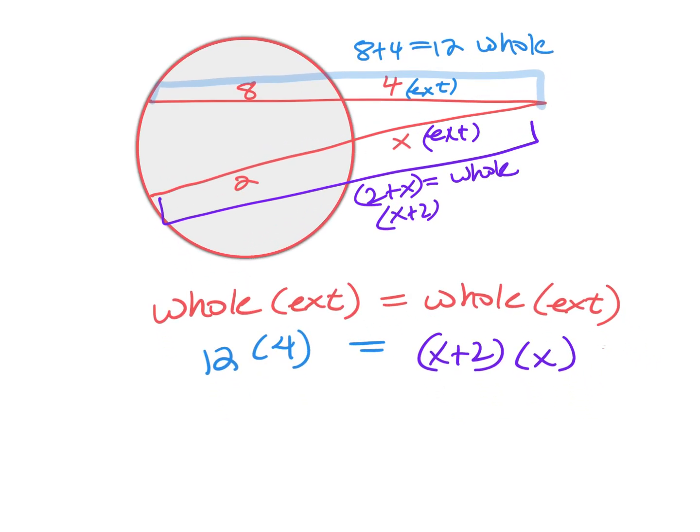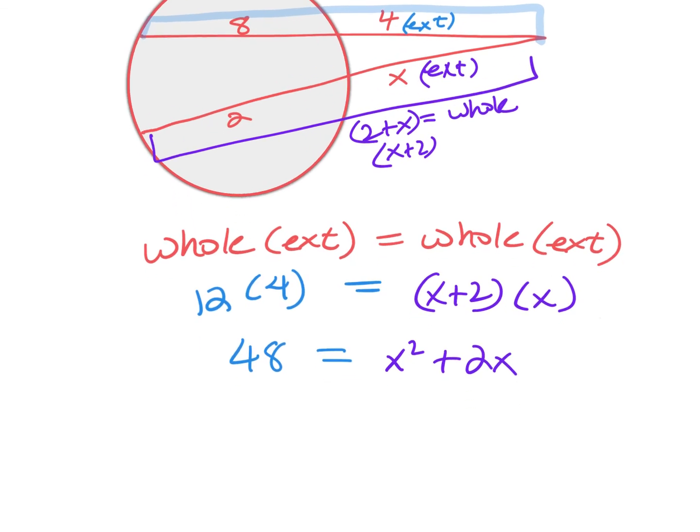So I'm going to multiply everything. So the blue becomes 48. The purple becomes X squared plus 2X. When you're doing these, try to keep your X squared term positive. So instead of moving the X squared and the 2X, I'm going to move the 48 and set it equal to 0.